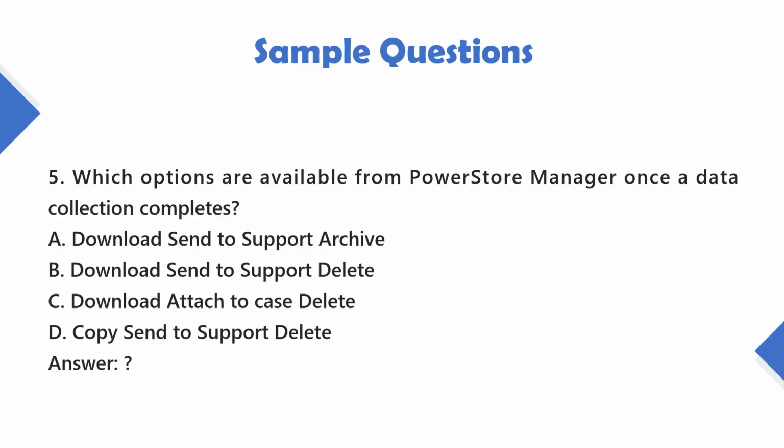Which options are available from PowerStore Manager once a data collection completes? A. Download send to support archive. B. Download send to support delete. C. Download attach to case delete. D. Copy send to support delete.